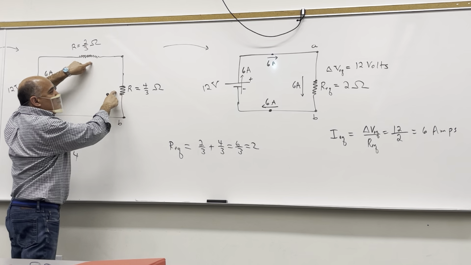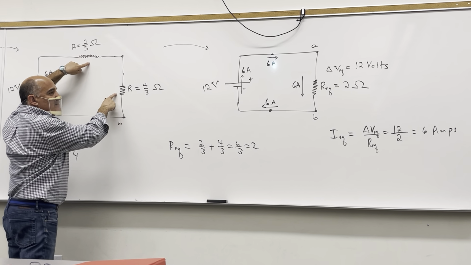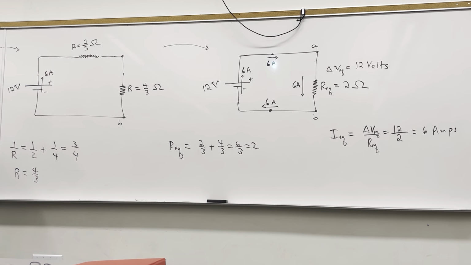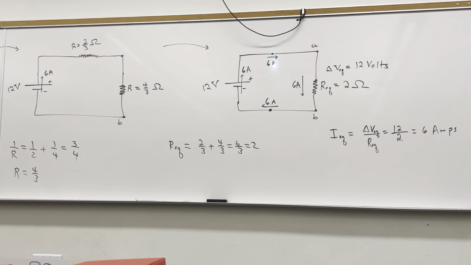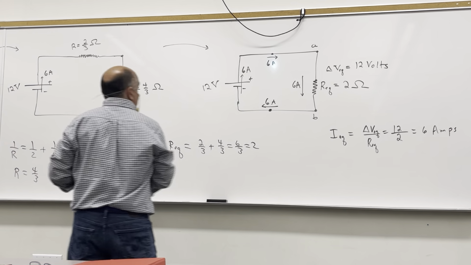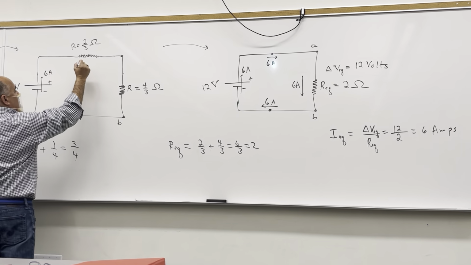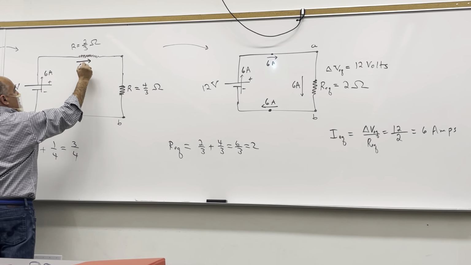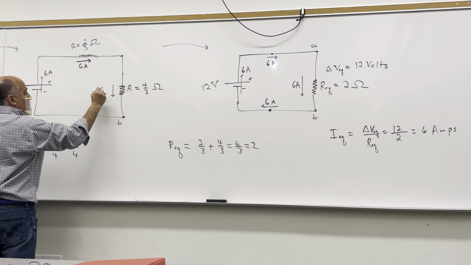How did we say these 2 resistors are connected? In series. So how do their currents relate to one another when they are connected in series? When resistors are connected in series, they all have the same current. So the current through the resistor that is equivalent to them will be the same as the current through the individual resistors connected in series. So since the current through this one is 6 amps, not 2 amps, then this would have to be 6 amps, and this would have to be 6 amps.